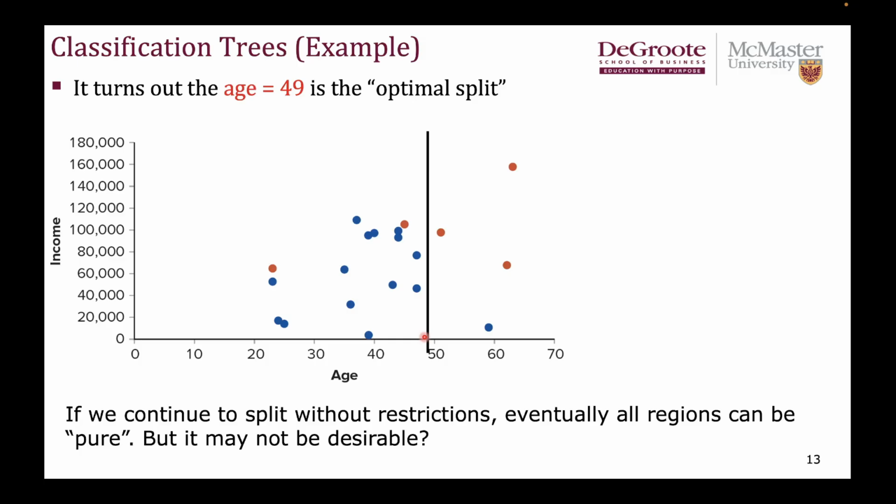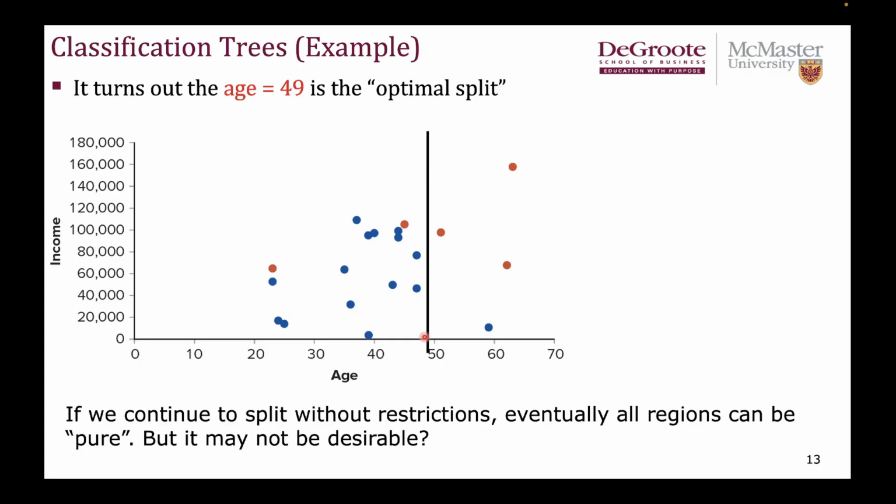Further split the subregions. The idea is that if I have chosen another further split, it should be hopefully minimizing the overall impurity as a result of this further split. Okay? So you can keep the splitting process going on, and eventually, if you want, in this example, you can partition the whole feature space in a way such that eventually every region is pure.